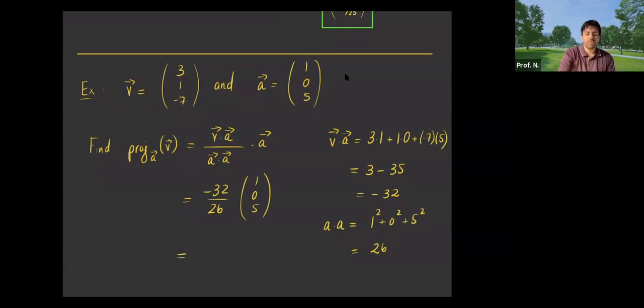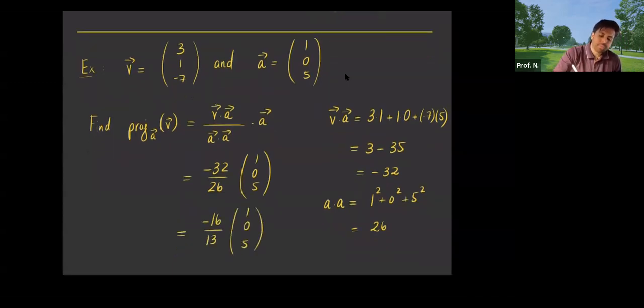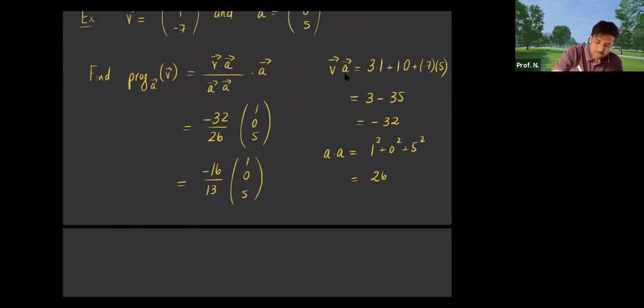And if you reduce the fraction, you get negative 16 over 13 times 1, 0, 5, which is the same thing as saying negative 16 13ths, 0, negative 80 over 13.